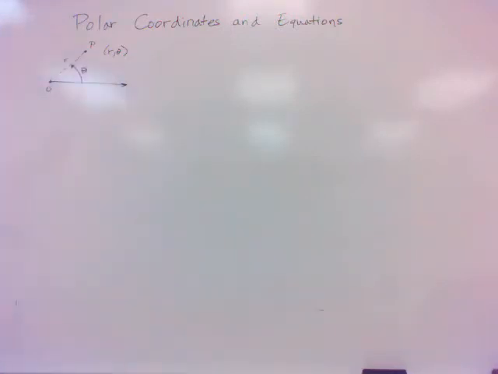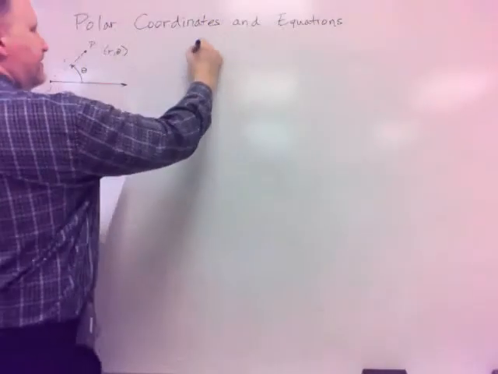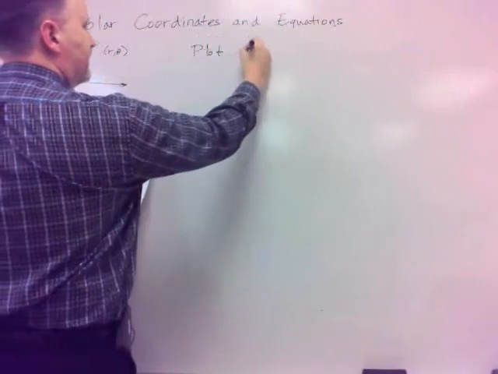Theta is the angle from the polar axis to that line segment there. Okay? All right. So plot a couple points here.